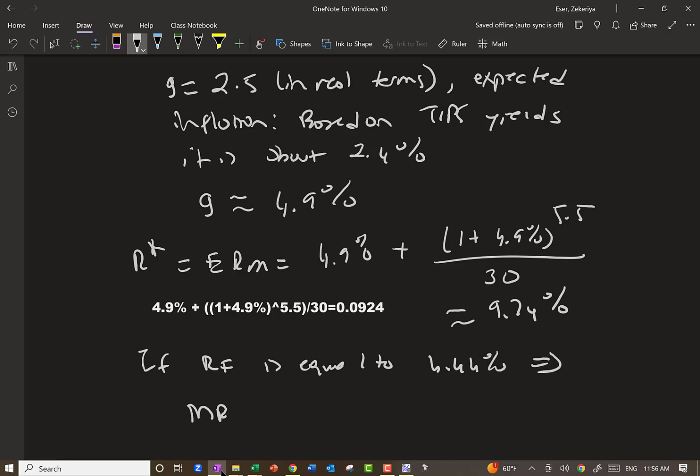And the market risk premium is going to be 9.24 minus 4.44, which is 4.80.